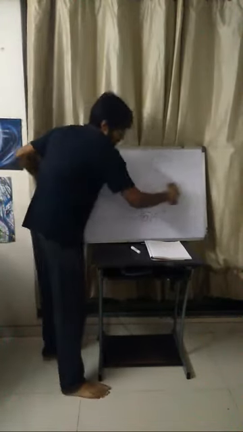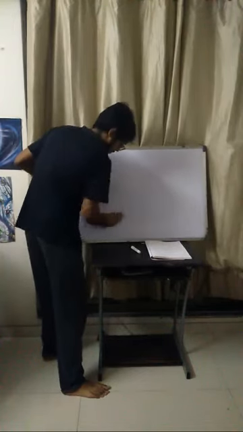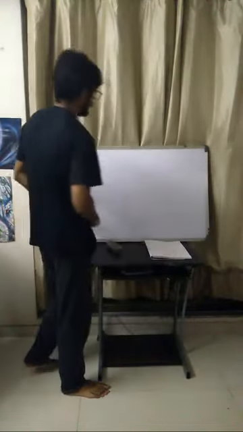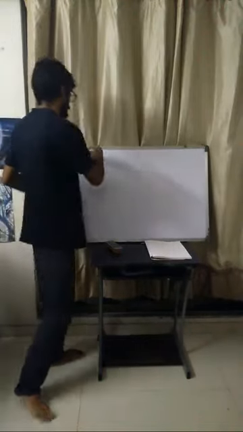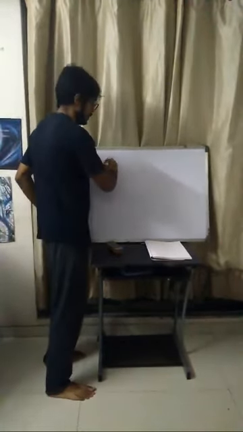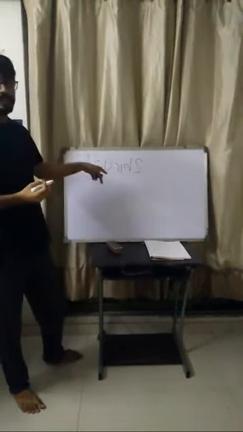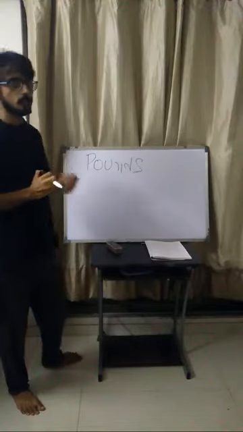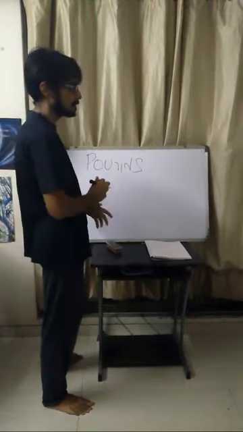While I just clear up this whiteboard here. Weight in the United States customary system is noted in pounds, right? Weight in modern scientific language is denoted in kilogram forces.